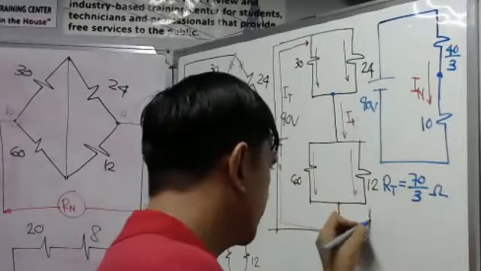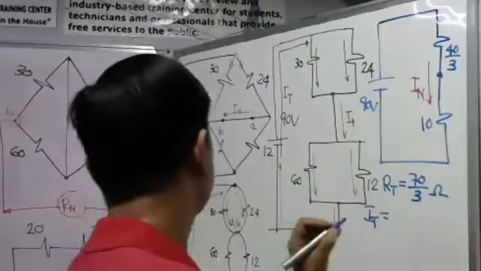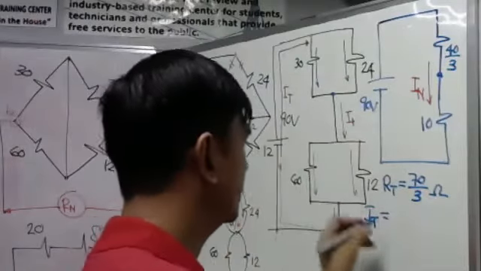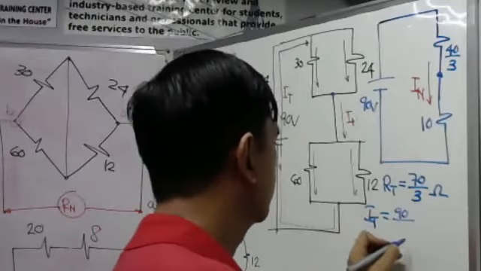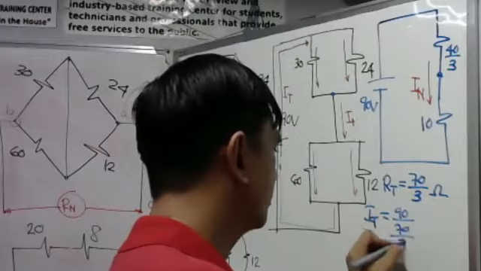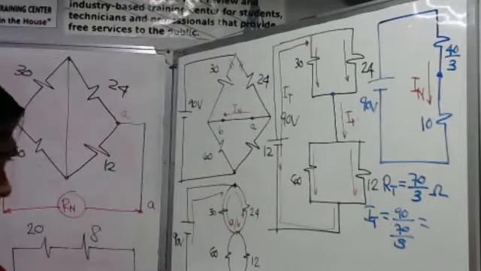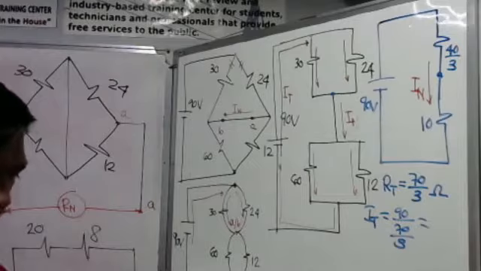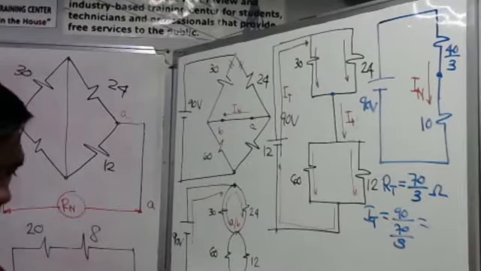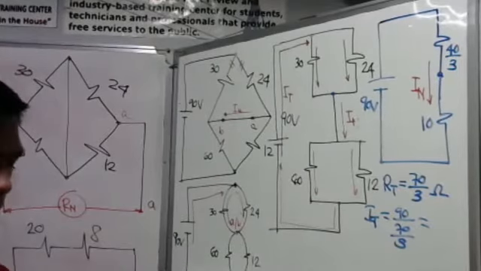Okay, now, let us find our total current. What is our total current? By Ohm's law, that is 90 over 70 over 3. So that is 90 divided by 70 over 3.